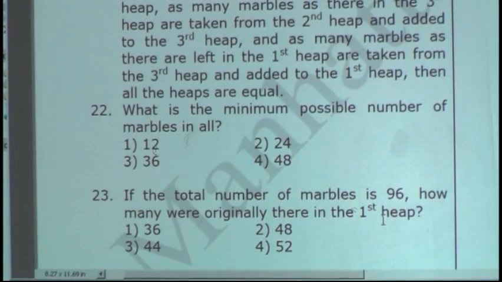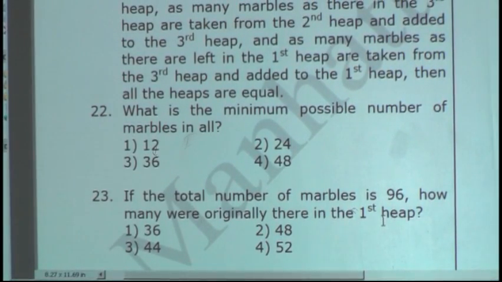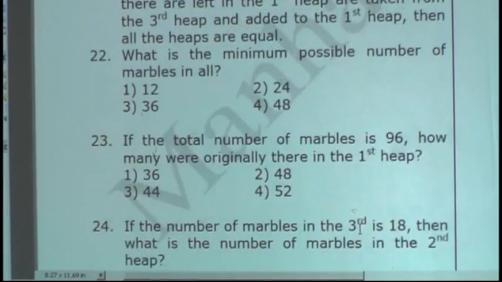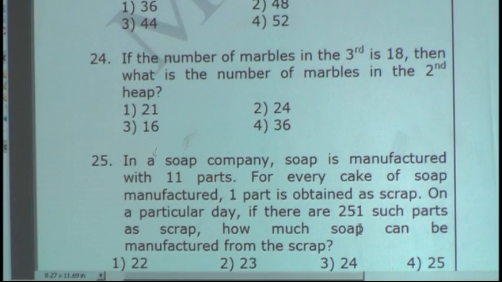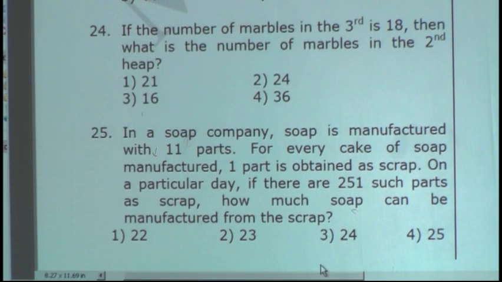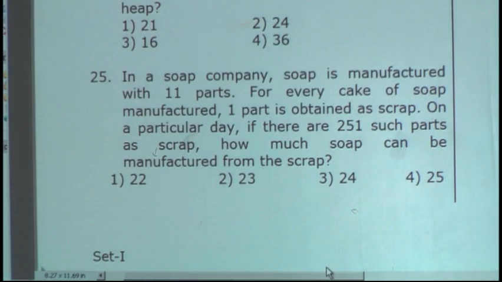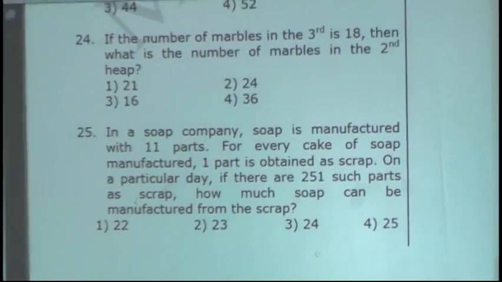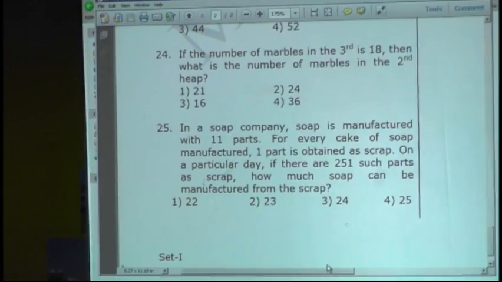What is the number of marbles in the first heap? 44. Now, the last one. If the number of marbles in the third heap is 18, third heap minimum is 6. Third heap is 18. It means 3 6s are 18. The second heap 21. 3 7s are 21. 3 times the ratio. Understood? Right.